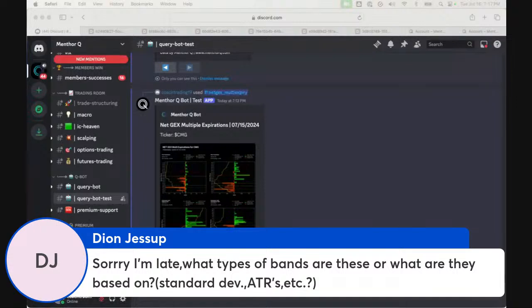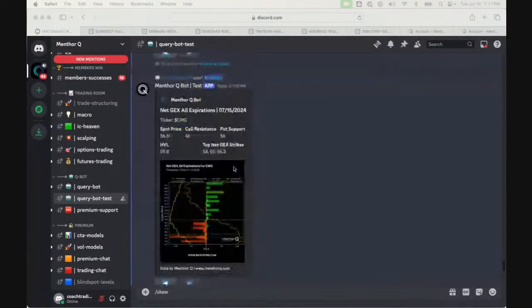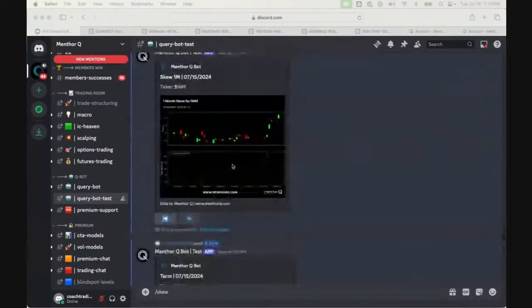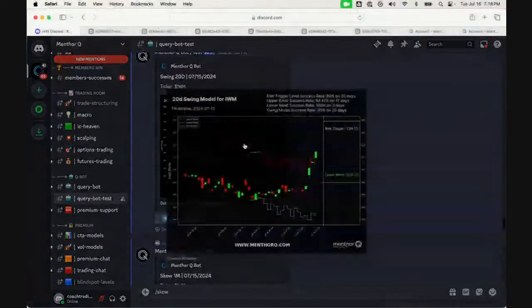So they are bands provided by leveraging quantitative models and options data. Those are bands that tell us where customers are long or short puts or calls, which then tells us where market makers have an obligation to buy or sell the stock.